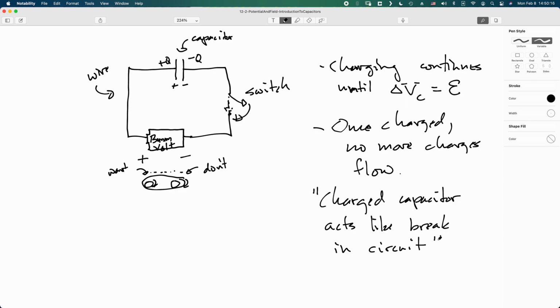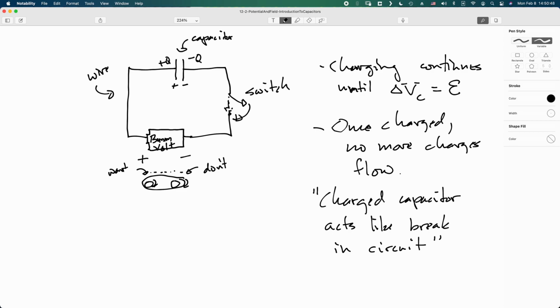So say if you've got some part of your device that needs to be energized for a little bit in, say, a startup cycle or something like that, judiciously putting a capacitor into the circuit will allow that branch of the circuit to be energized right when you first turn the device on, and then once the capacitor builds up its charge, it just naturally deactivates that branch of the circuit.